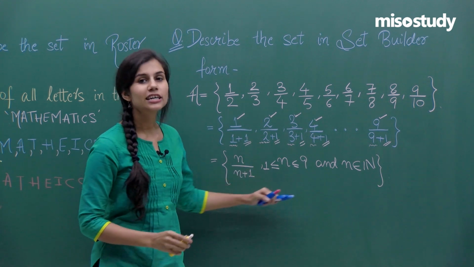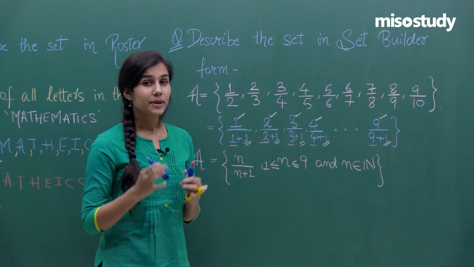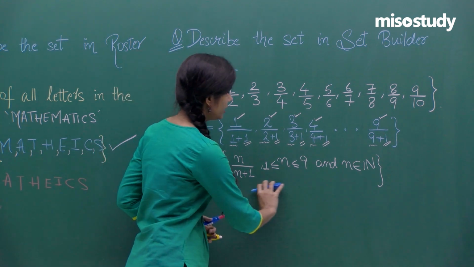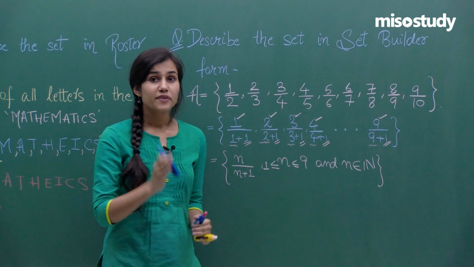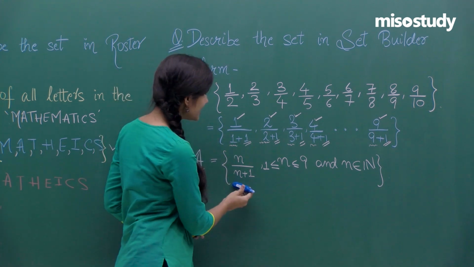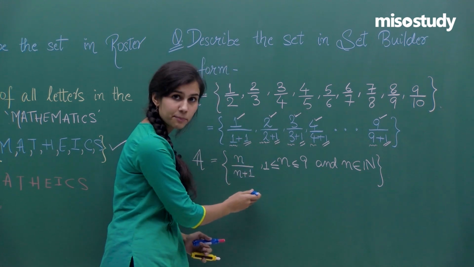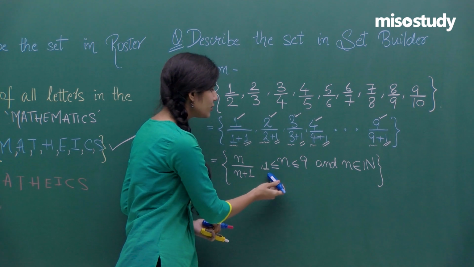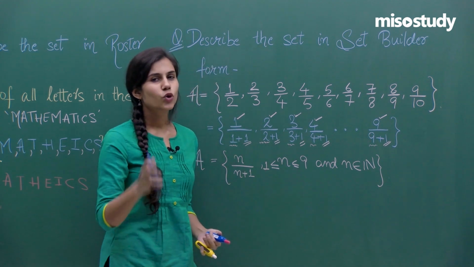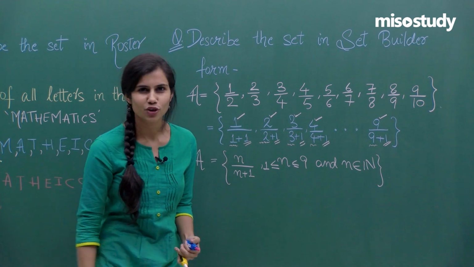This is the set builder form of my set, because it gives you the rule which is governing the very formation of the set. Whichever elements satisfy this rule, that they look like n upon n plus 1, for any n between 1 and 9, will qualify to be inside this set and become members of it.